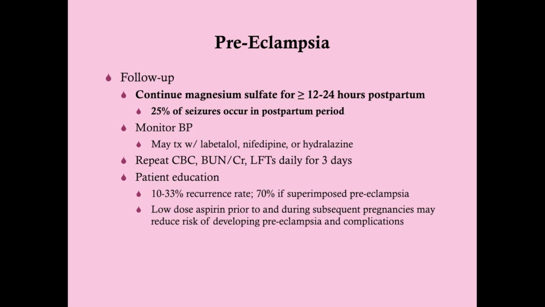The reason they think is because of the molecular basis for preeclampsia, where there's an imbalance between thromboxanes and prostacyclins. And so what we're doing with aspirin is we're inhibiting that, so we're kind of preventing preeclampsia at the molecular level. It doesn't always work, but it reduces your risk rather substantially, actually. Okay, and so that's all I've got for you for preeclampsia.